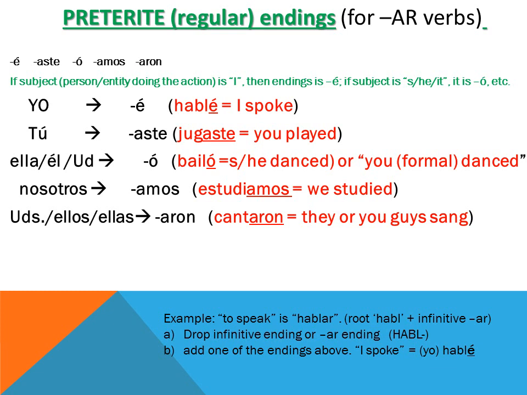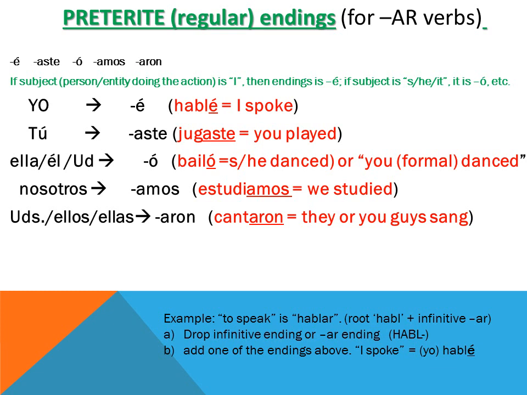Like if I want to say I spoke, remember the verb to speak is hablar. Again, you drop the AR ending and you end up with the root habl. And because it's preterite, then you add the ending é. You end up with hablé. You can say yo hablé, or you can say simply hablé. Yo is embedded, implied by é.